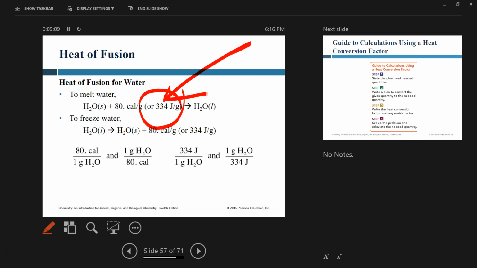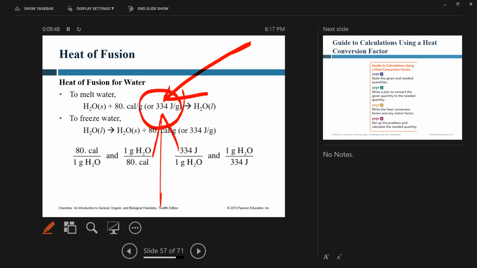Now let me ask you this. How much energy do you need to melt not 1 gram, but 1 kilogram of ice? How many grams are in a kilogram? 1,000. So if to melt 1 gram of ice, you need 334 joules, to melt 1,000 grams you multiply it by 1,000.